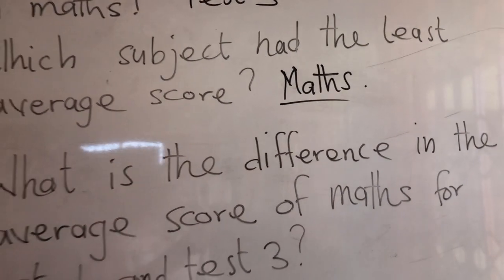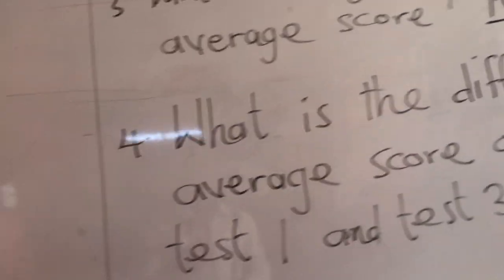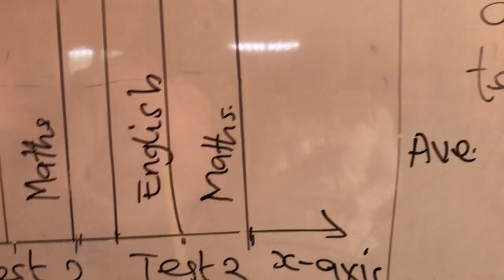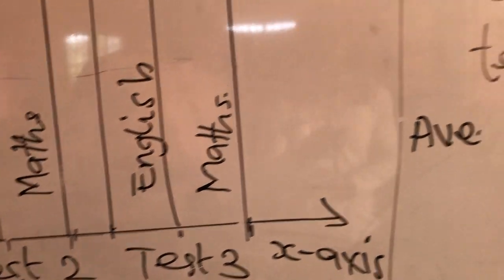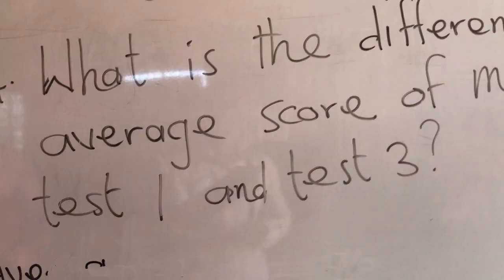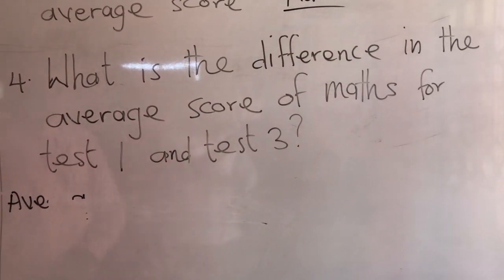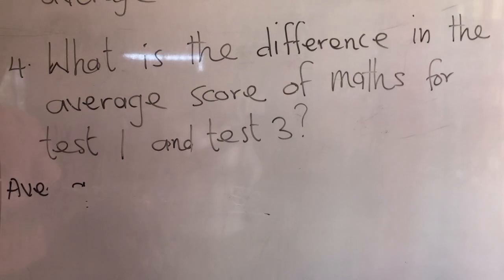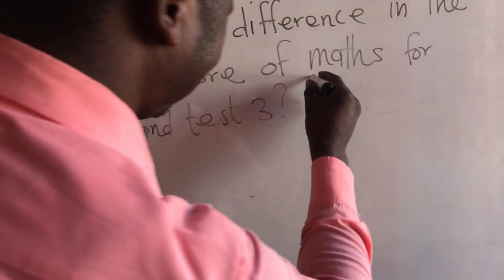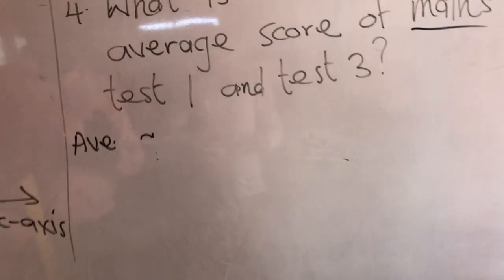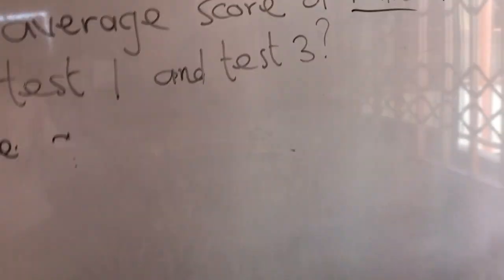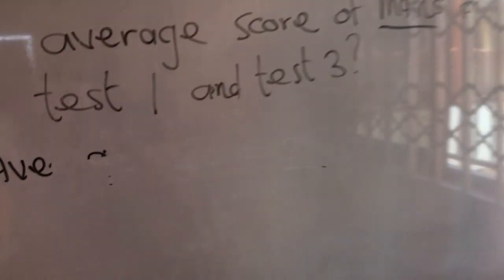Now the fourth question is saying: what is the difference in the average score of maths for test 1 and test 3? To find the difference, you always subtract.